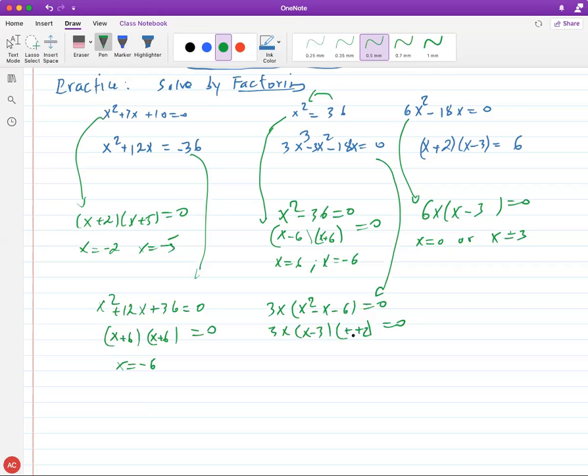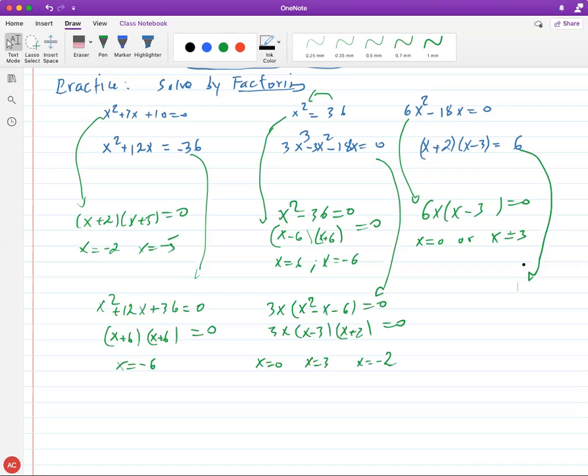So the solutions are -2, 0, and 3. That's right, we have three solutions: from here, x is 0, x is 3, or x is -2.